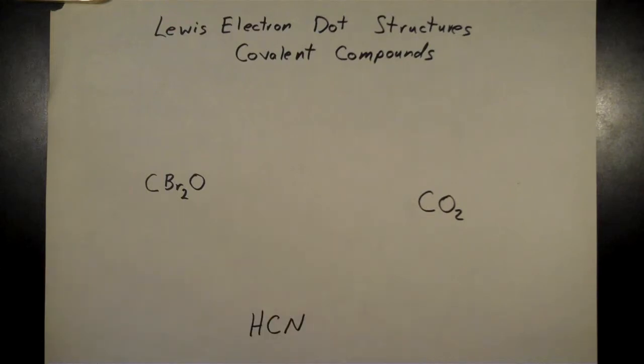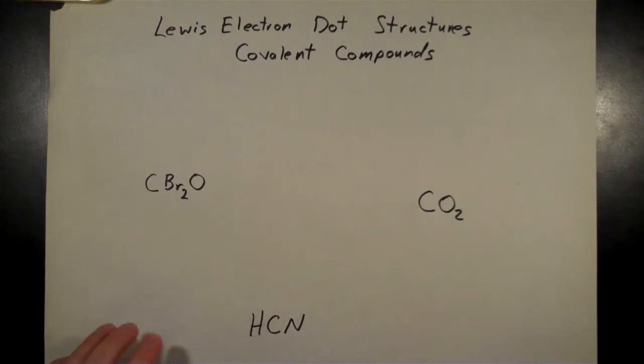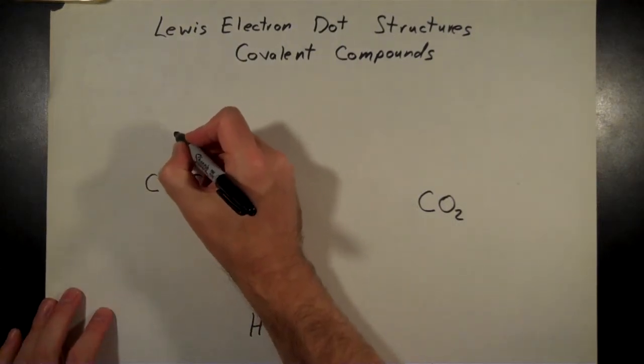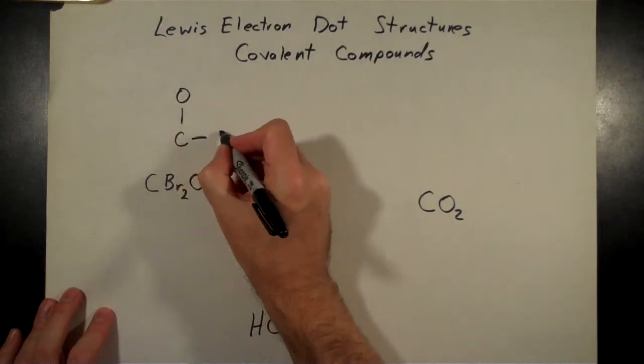So let's take a look, first of all, at CBr2O. With two bromines and one oxygen. So as before, we need to figure out what the central atom is going to be. It's the least electronegative. It's usually the first one listed in the formula, and in this case that's going to be the carbon. All three of these other ones are going to be attached to that. So let's draw our carbon in here, and I'm going to have the oxygen sticking straight up.